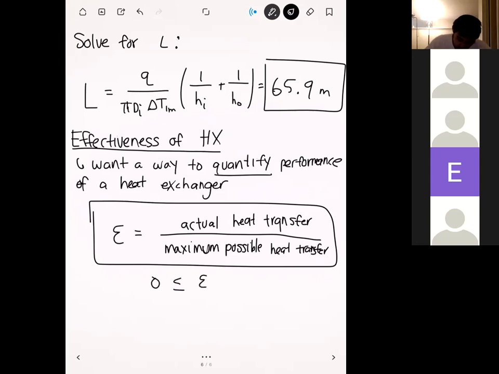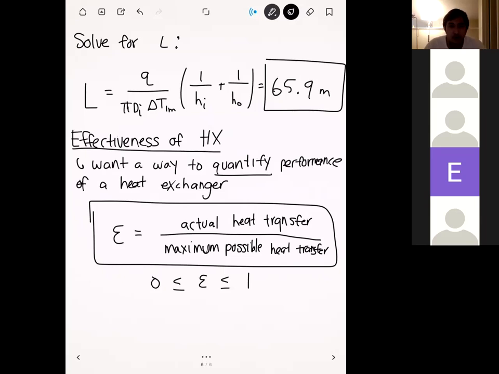You can see from this that the values for epsilon are going to be between 0 and 1. An epsilon of 1 means maximum performance: you're getting the most out of your heat exchanger that's theoretically possible. An effectiveness of 0 means you developed a really poor heat exchanger that exchanged no heat. Most cases are in between, and for most practical cases, because it's hard to achieve that maximum, your epsilons are going to be on the lower end.